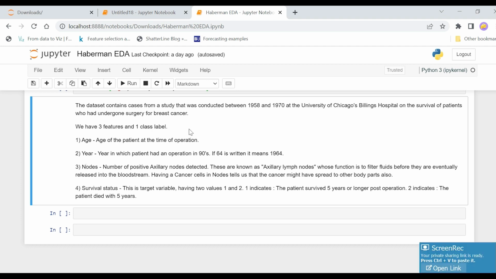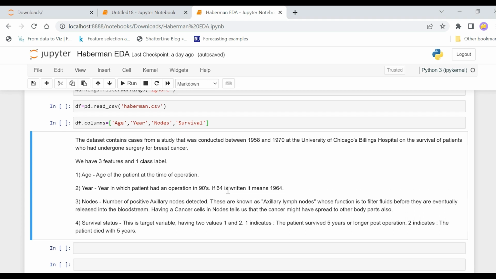This obviously means that whoever came for the treatment had breast cancer, and everything was noted: what the age was at the time of operation, what year the patient had the operation, how many nodes were detected, and what the survival status was.